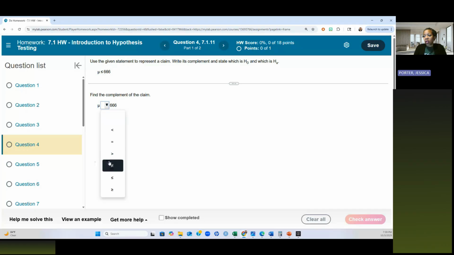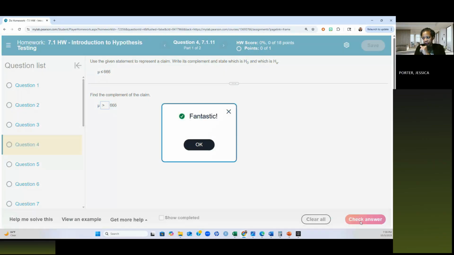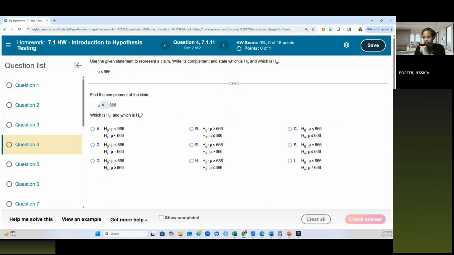Yes, it would be greater than. Notice it's completely turned a different direction and it does not have the equal sign.